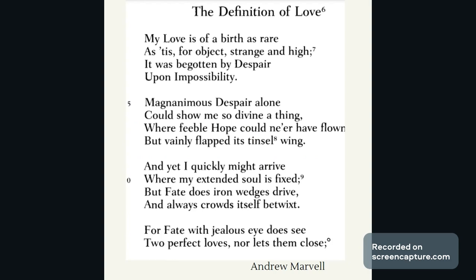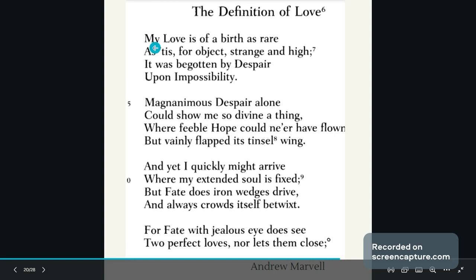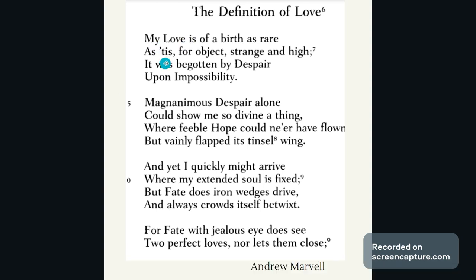We can see here an example from a poem by Andrew Marvell called "The Definition of Love," which exemplifies it perfectly with "My love is of a birth as rare."